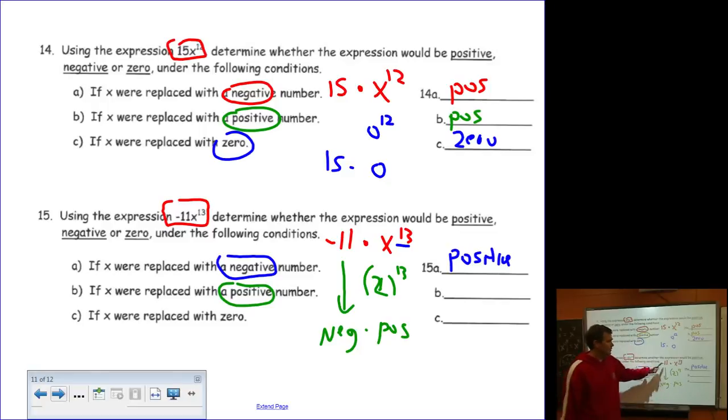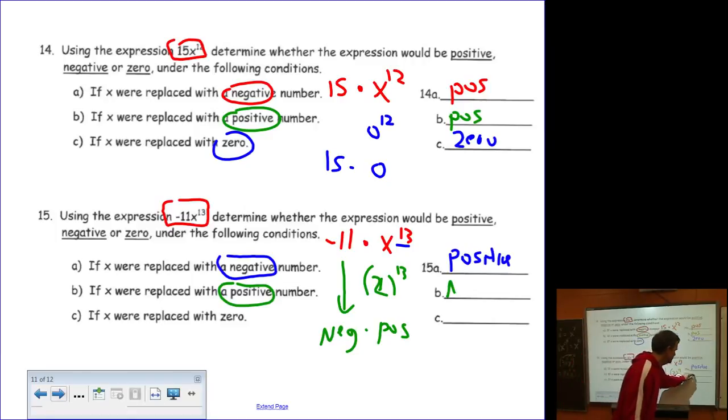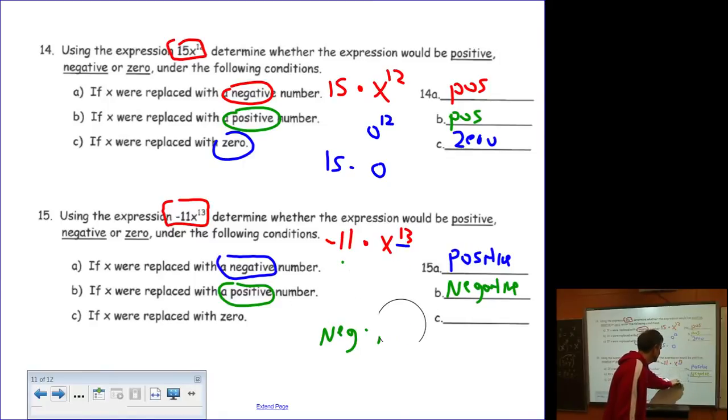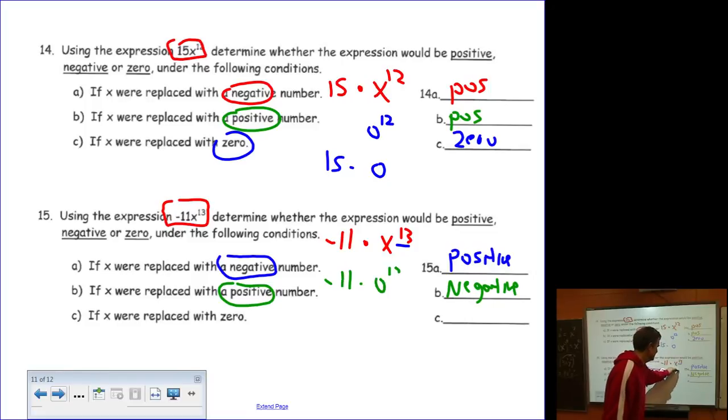So now I end up with a negative number times a positive number, and a negative times a positive would be negative. And last up, of course, when I put 0 in for x, I end up with negative 11 times 0, which is 0.